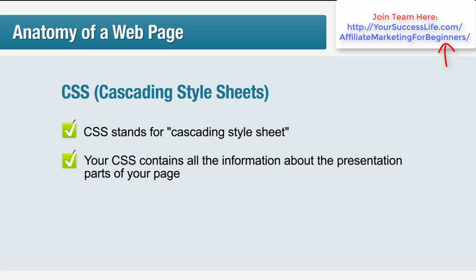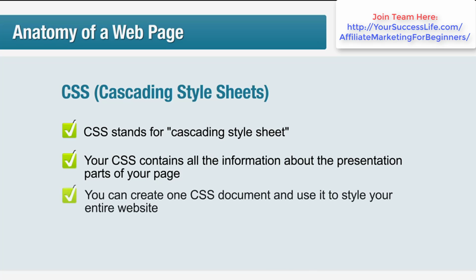Most of the time it's kept apart from your normal HTML, and very frequently it's kept in an entirely separate file. This might seem strange and unnecessary, but it allows you to do one very cool thing. You can create one CSS document and use it to style your entire website. This means that if you ever want to change what color your headings are, you don't need to go through and edit every single page of your website.